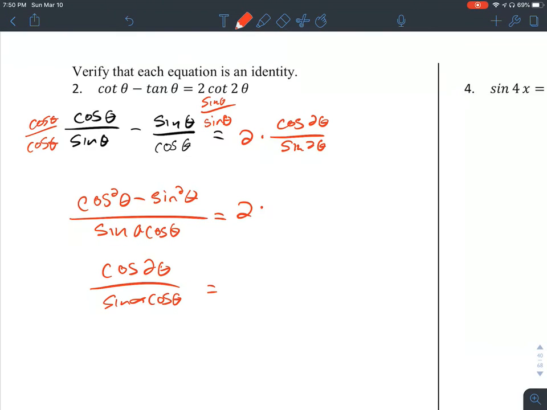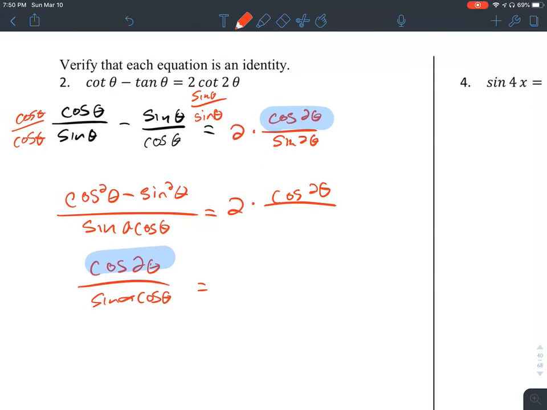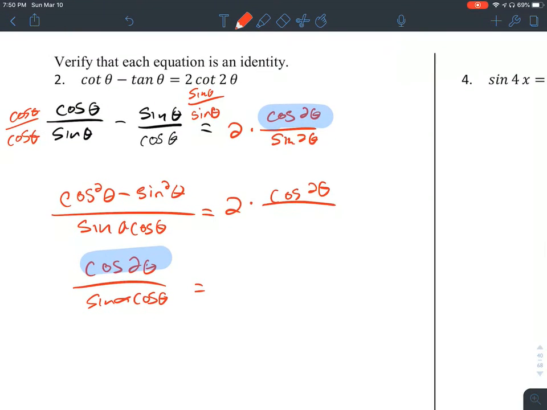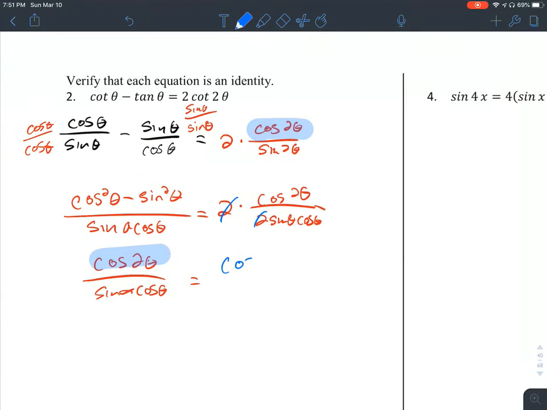Cosine of 2 theta, I'm just going to leave because I already have that on the top on the left. I'm going to change the denominator, sine of 2 theta, into its double angle identity, which is 2 sine of theta, cosine of theta. Twos cancel. Now the left and the right are the same.